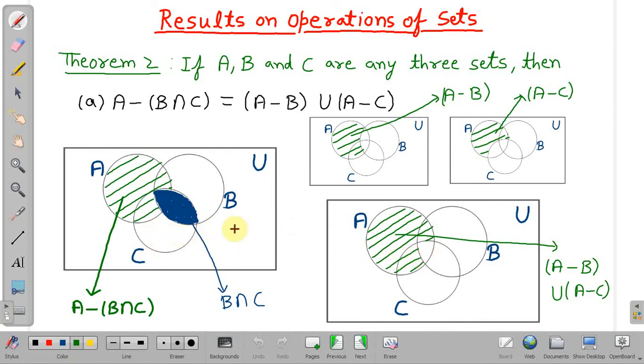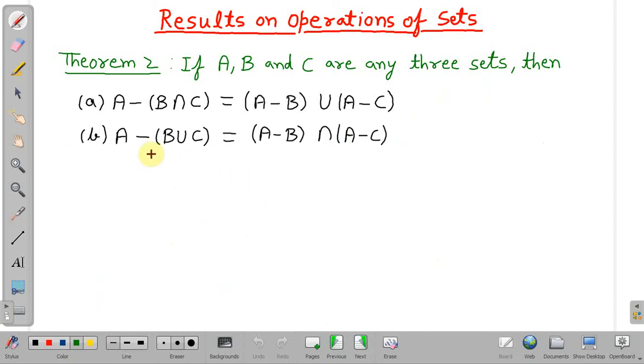This and this are the same. Coming to the next result: A minus B union C is equal to A minus B intersection A minus C. You can verify this again using a Venn diagram.